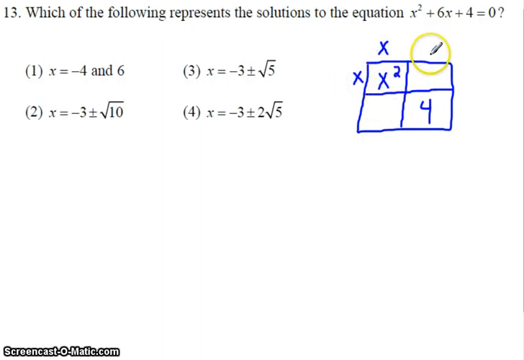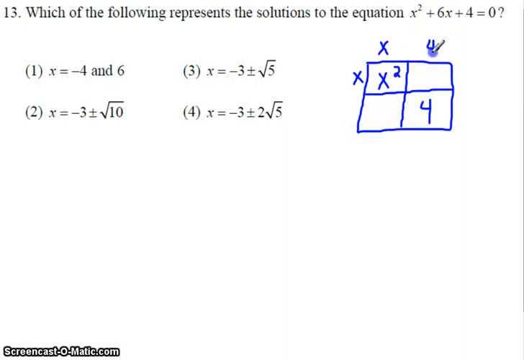One way I can get to positive 4. The clue here is that this is positive 6, so probably both numbers are going to be positive. You could try 2 and 2. But then you'd get 2x and 2x, and that equals 4x, not 6x, so it can't be 2 and 2.